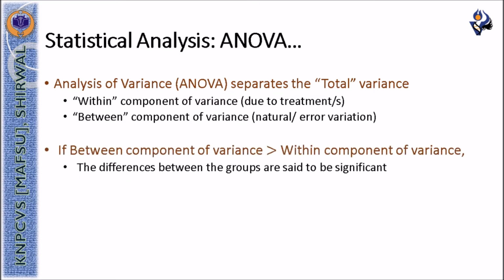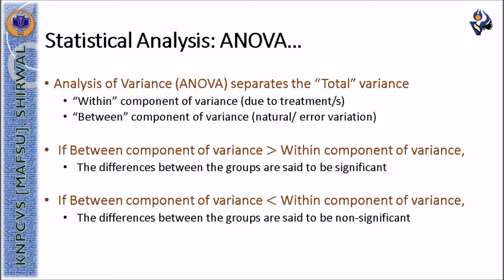If between component of variance is greater than within component of variance, then the differences between the groups are said to be significant. Whereas if the between component of variance is less than within component of variance, then the differences between the groups are said to be non-significant.